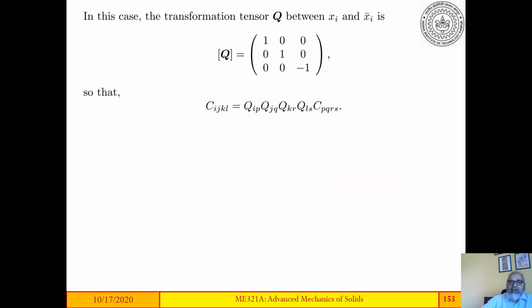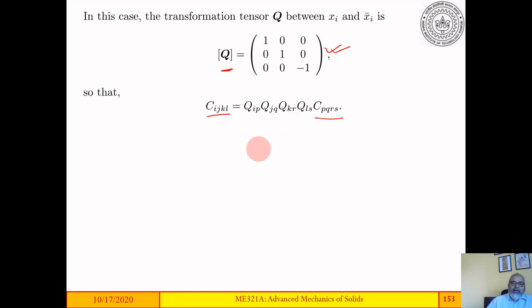So this is going to be just a diagonal matrix with 1, 1, -1 along the diagonal. And then if I do this transformation according to this transformation matrix, if I convert the components of the Hooke's law Cijkl to the new coordinate system, I should get the same sets of numbers, because this is a reflection of axes about a plane of symmetry. Okay.